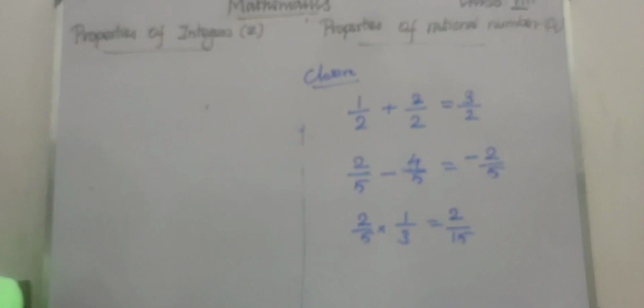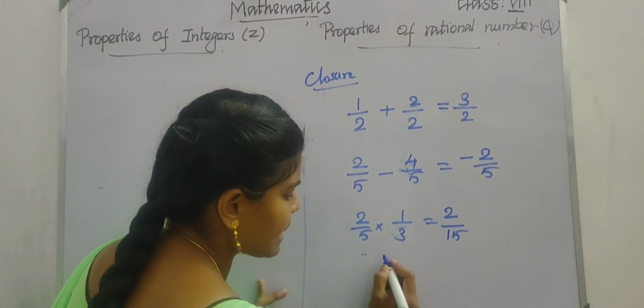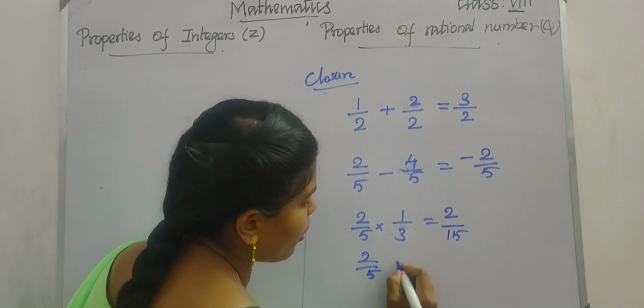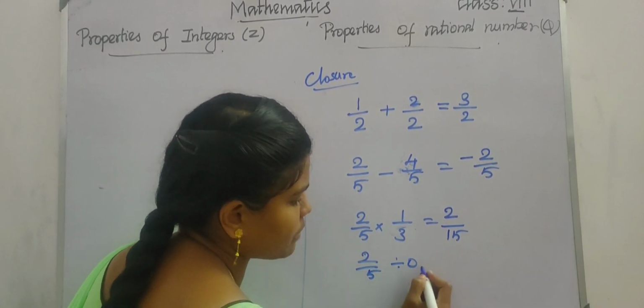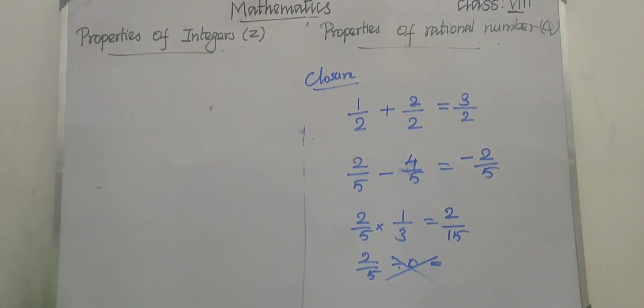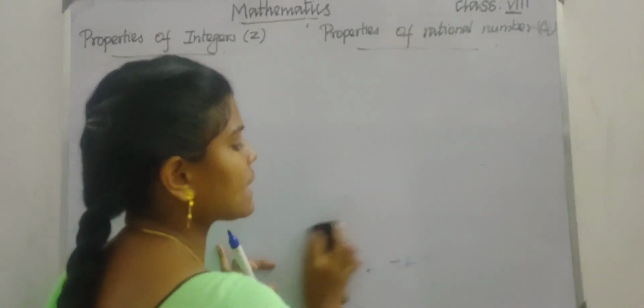Okay children. But while dividing, is it possible? Whether it holds? Simply, if I am having 2 upon 5 divided by 0, whether it is possible? No, it is not closed. Okay children, and then what is the next property we have learnt? We have learnt about closure property and commutative property.